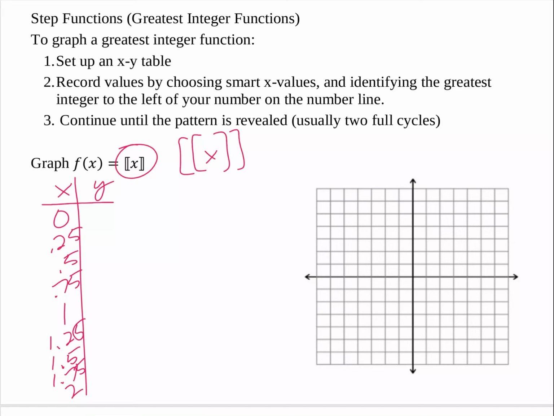Now, identify the greatest integer, that's why it's called the greatest integer function, to the left of your number on the number line. So imagine you were walking along a number line from least to greatest, and the last integer that you passed is the number that you need to report for y, okay? So if I'm standing on 0 right now, and I'm walking from left to right, what is the last integer that I saw if I'm standing on 0?